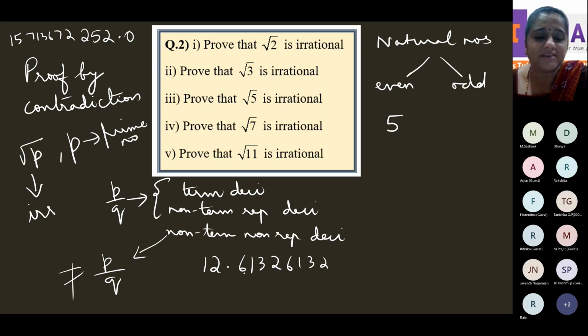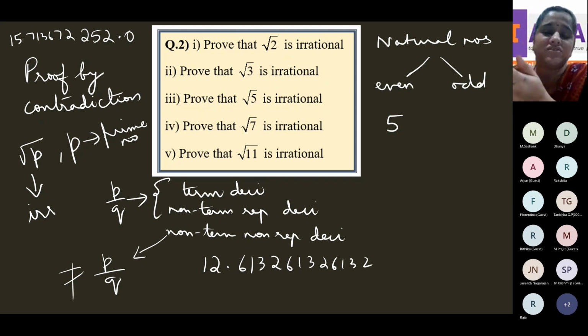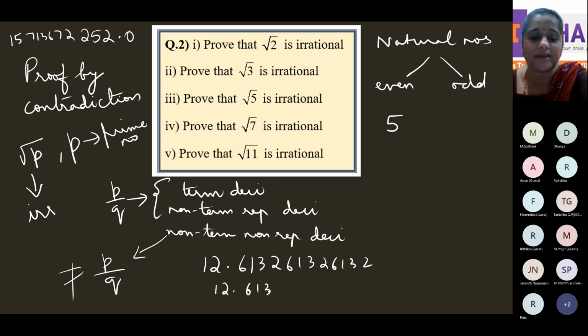The digits 6132 keep repeating because 4 different remainders keep happening. So that's why we say 12.6132 recurring. We put a bar, or you have to place dots like this.